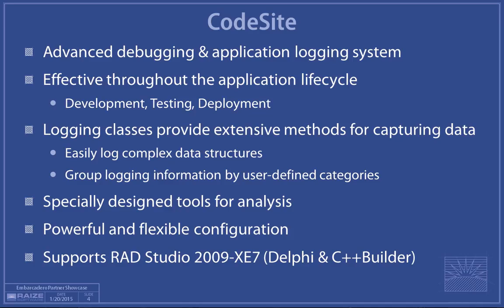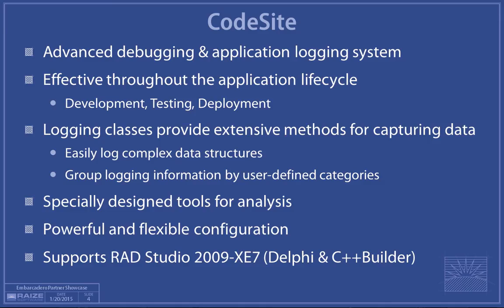We also provide the ability to group information using user-defined categories rather than arbitrary log levels, which give you, the developer, a lot more opportunity to restrict and configure the types of data that you want to analyze.